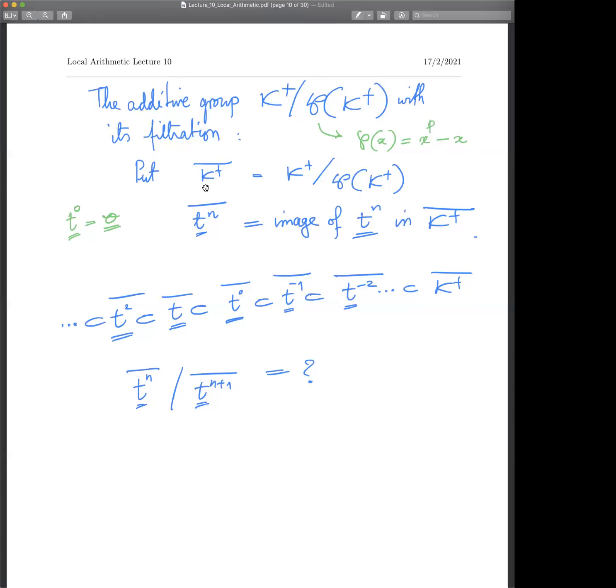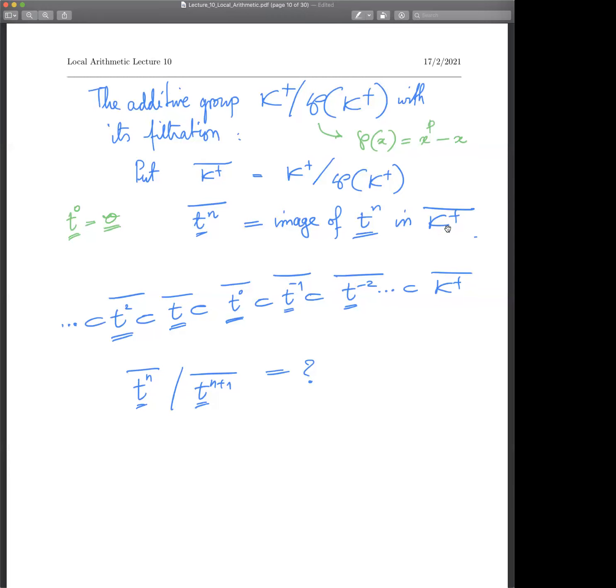As before, let's use this abbreviation K plus bar for K plus modulo P K plus. This is the co-kernel of this endomorphism P.